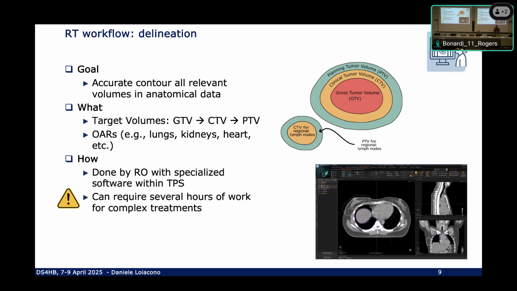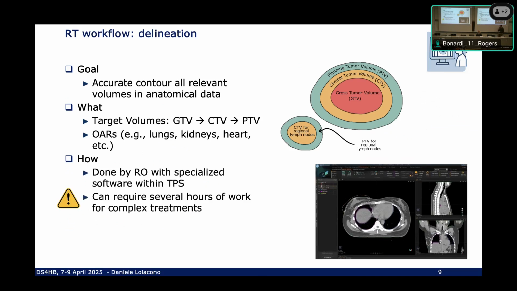After we acquire the imaging, the next step will be actually identifying the target to treat with the radiation, and also the parts of the body that we want to preserve from the radiation, that are called organs at risk, as you already heard in the talks this morning.